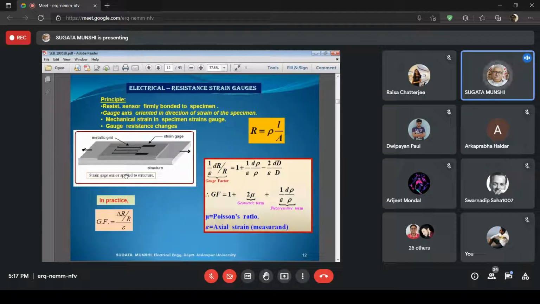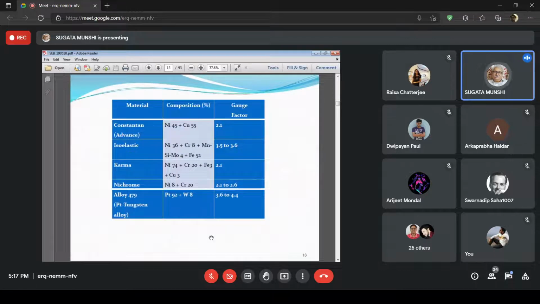It will change, but that should be extremely small so that it can be neglected for practical purposes. That sensitivity to change in mechanical strain in the direction perpendicular to the gauge axis is called transverse sensitivity. So transverse sensitivity, ideally it should be 0.